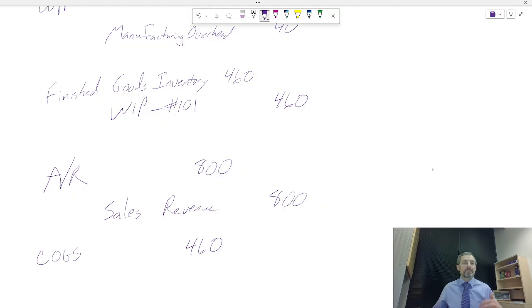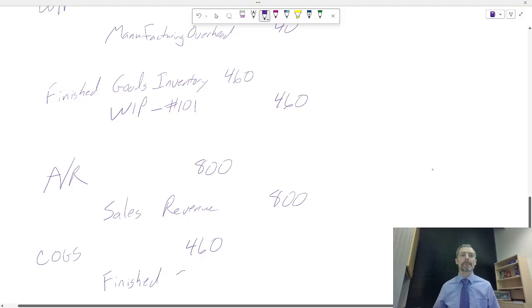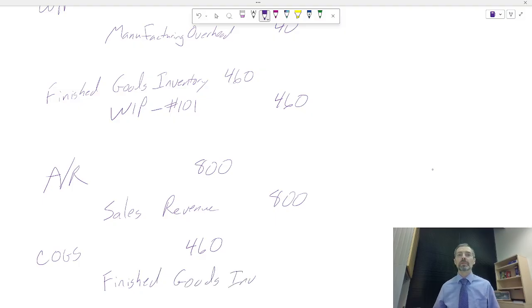Under a retailer, we use merchandise inventory because that's what a retailer uses. For a manufacturer, this is coming out of our finished goods inventory. And that cost us 460. So that is the journal entry that needs to be made, or the journal entries.